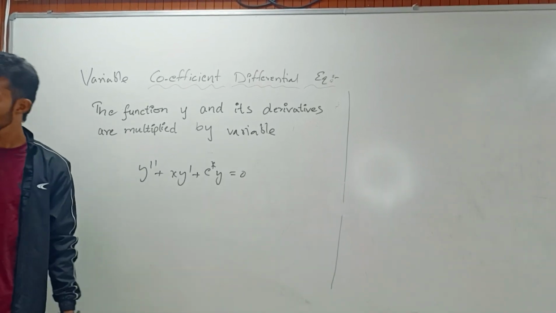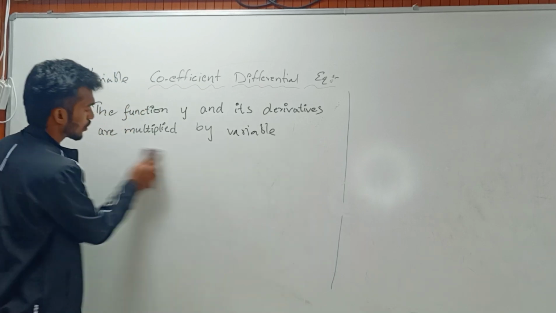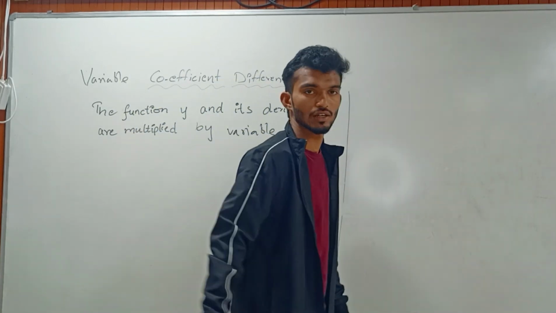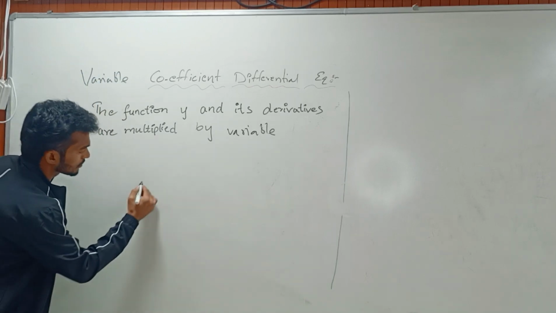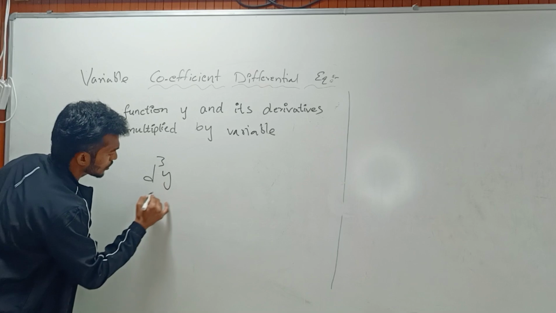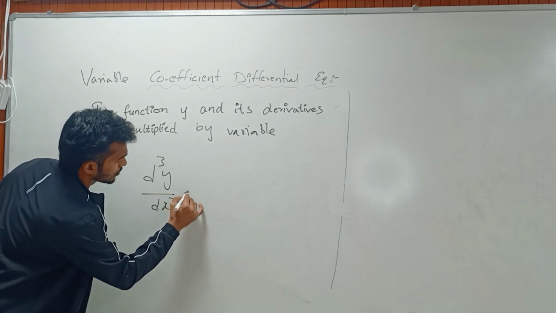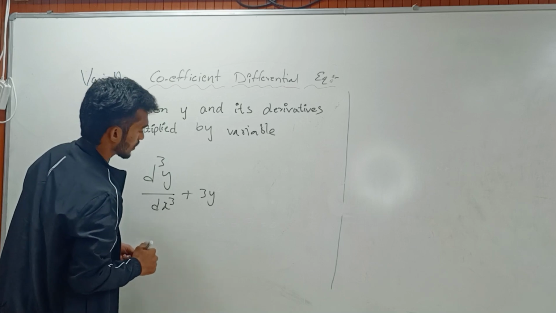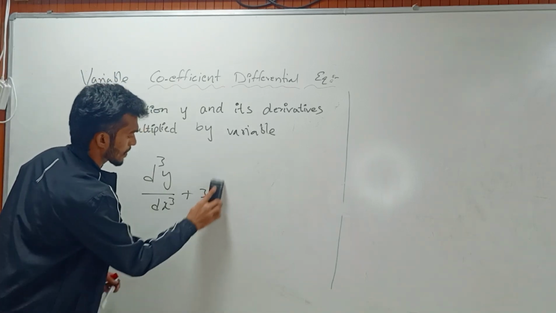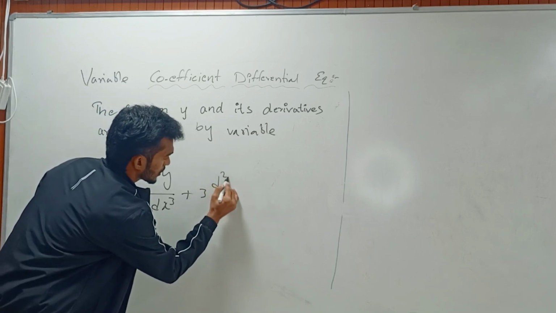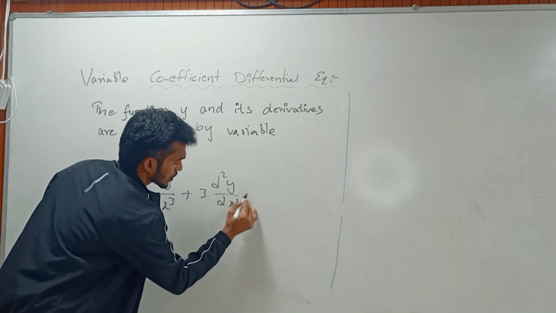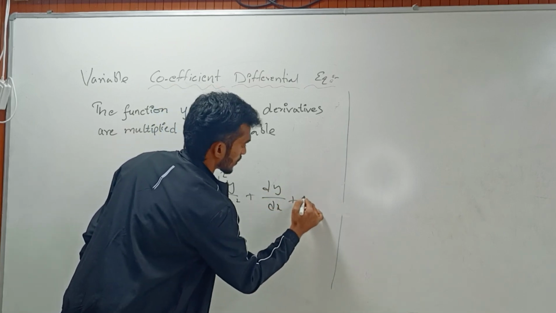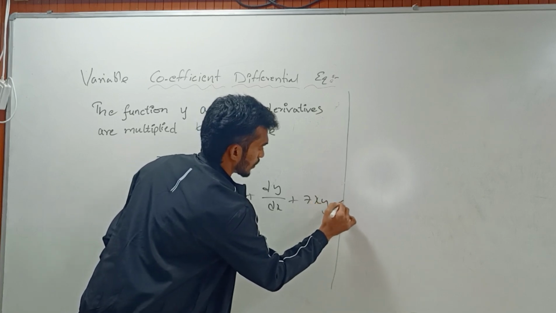And finally, before concluding this video, let's do one or two problems such that we can identify when an equation is linear, non-linear, homogeneous, non-homogeneous, ordinary or partial. d cubed y by dx cubed plus 3 d2y by dx square plus dy by dx plus 7xy equal to 0.